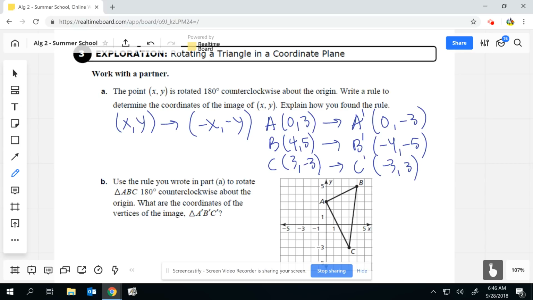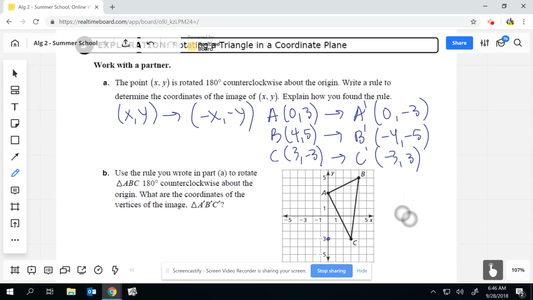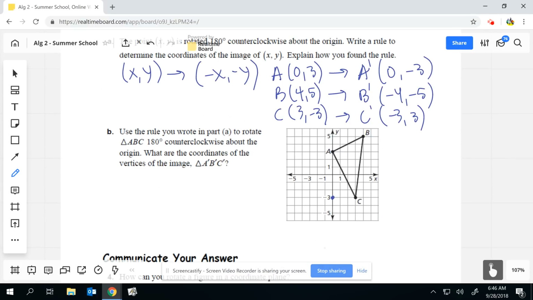And you can just graph those 3 points. 0, negative 3 is your A prime. And B prime is negative 4, negative 5. And C prime is negative 3, positive 3.